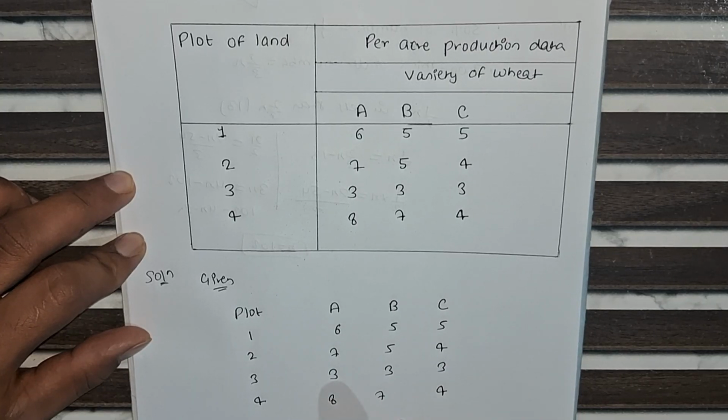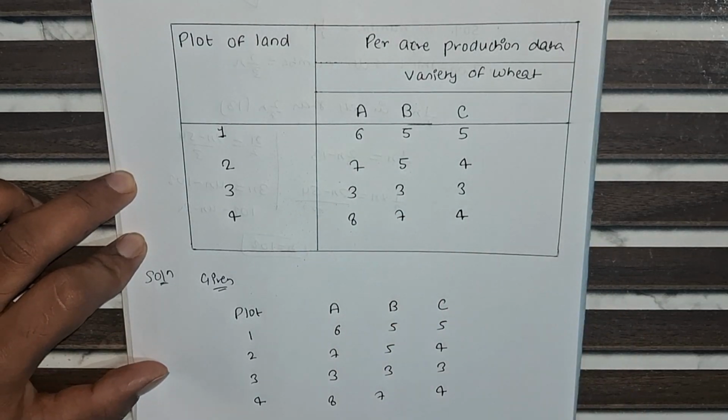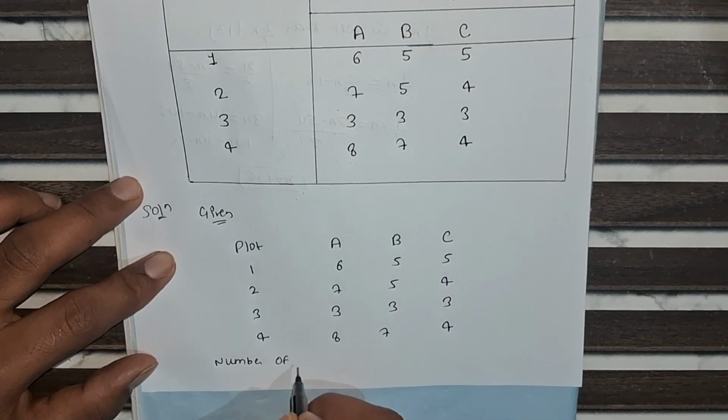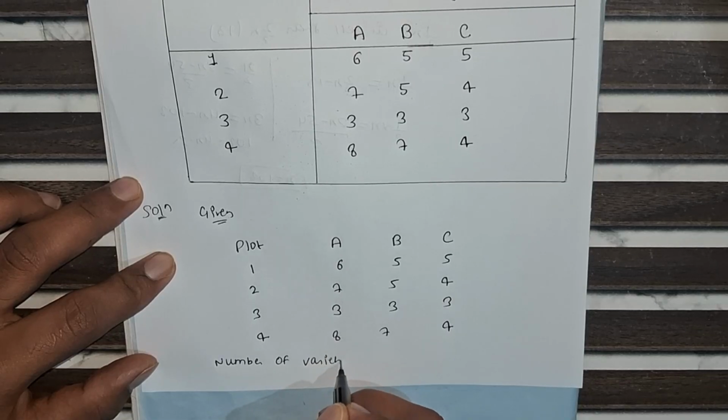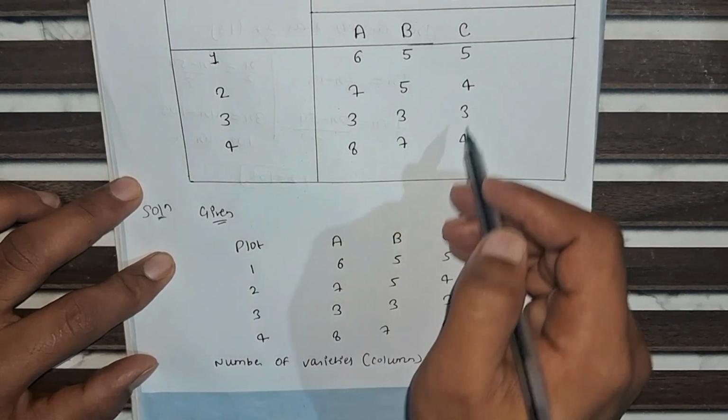So the number of varieties is nothing but the columns which are given here. So 1, 2, 3 columns are there. So number of varieties, which is nothing but columns, equals 3.